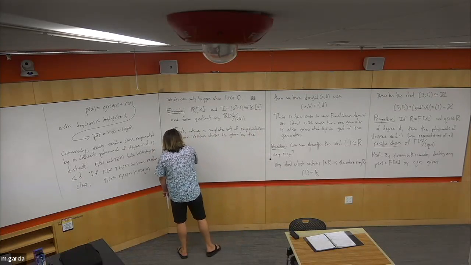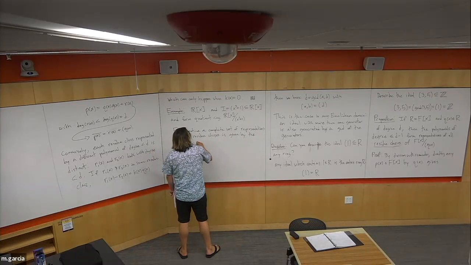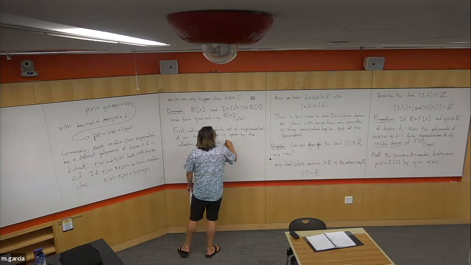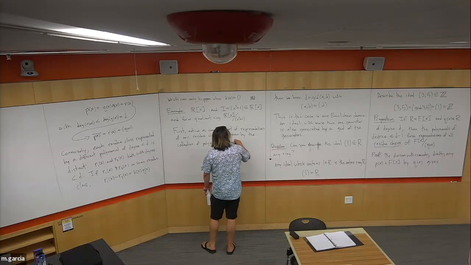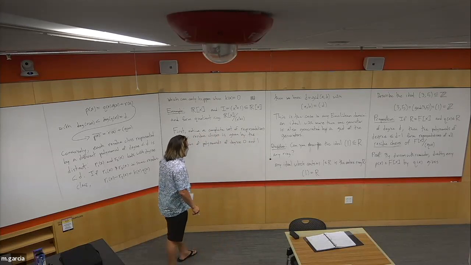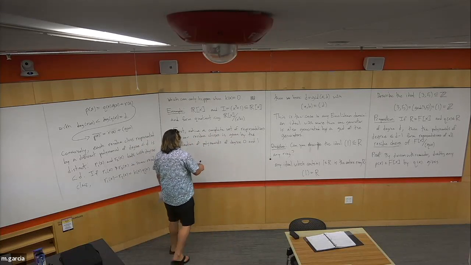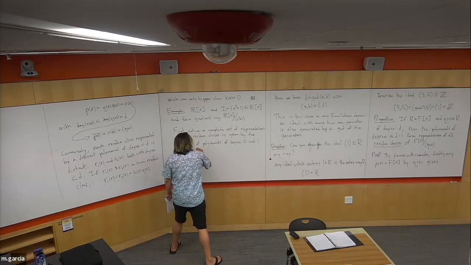It's given by the collection of polynomials of degree 0 and of degree 1. Let me write this in symbolic form.